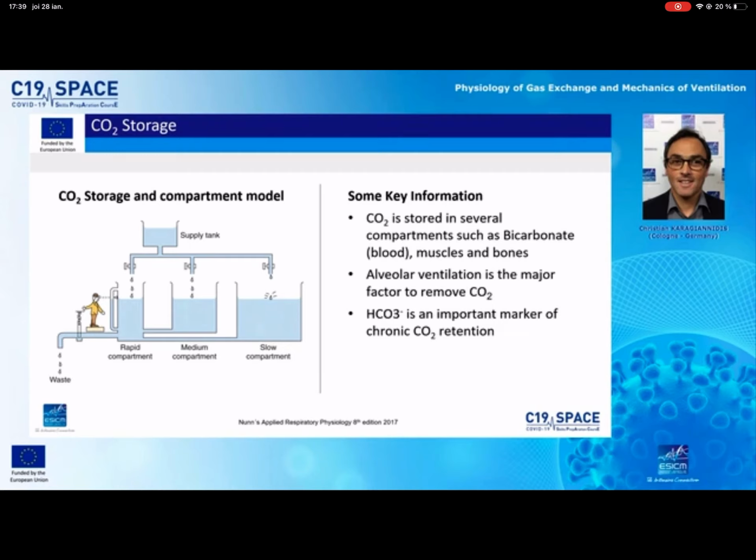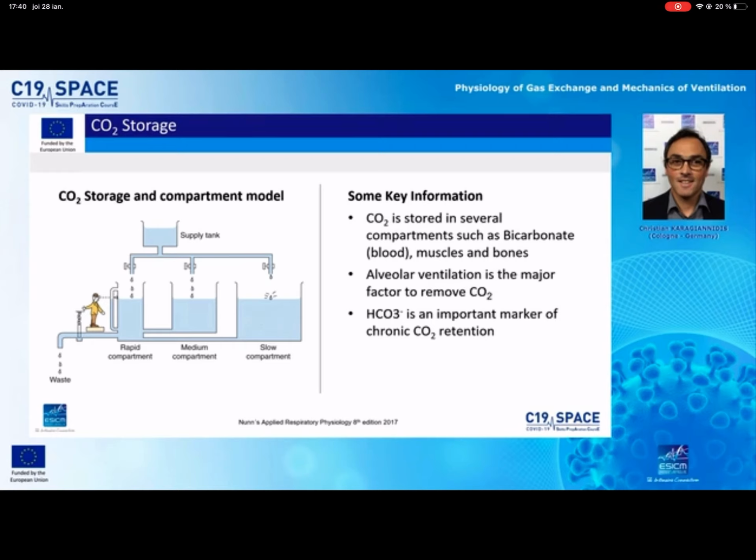If you look at this compartment model, you have some compartments which are very rapid, for example the blood compartment, and bicarbonate you find in the blood. On the other hand, you have slow or medium compartments like the bones, which can release bicarbonate and therefore CO2 over time.